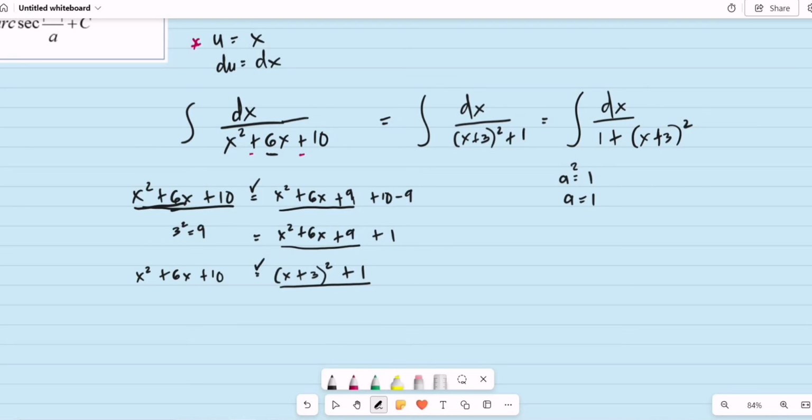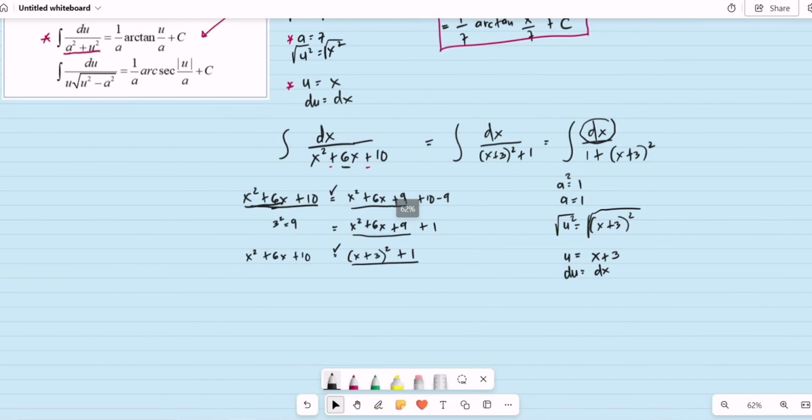Then u squared is equal to the quantity x plus 3 squared. If we take the square root of both sides, u is simply equal to x plus 3. If we take the derivative, du is simply equal to dx, which is our numerator.